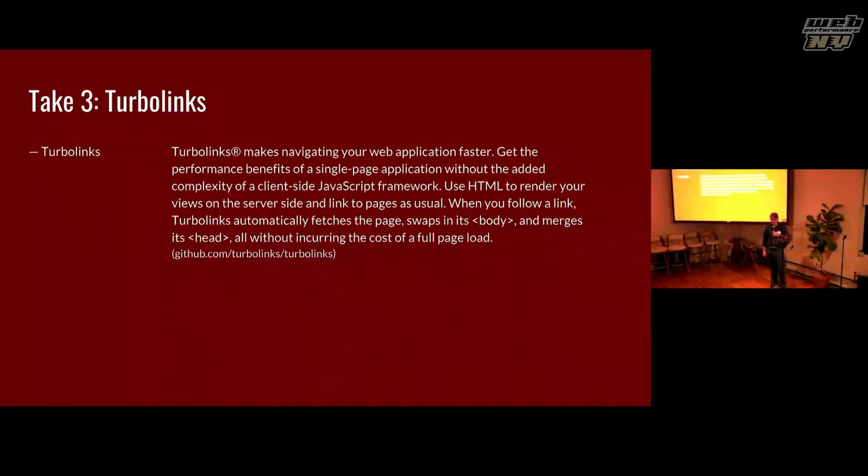So I wanted to take a look at something else that I might do that's called Turbolinks. Turbolinks makes your regular website run a little bit more like an application in that when you request a page, you don't necessarily request the entire page. You only request certain elements of the page.